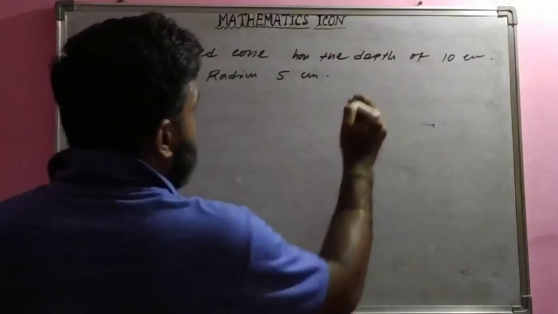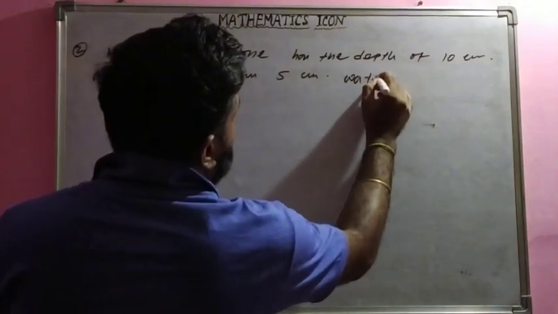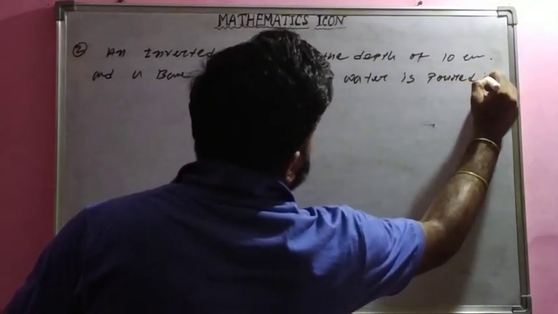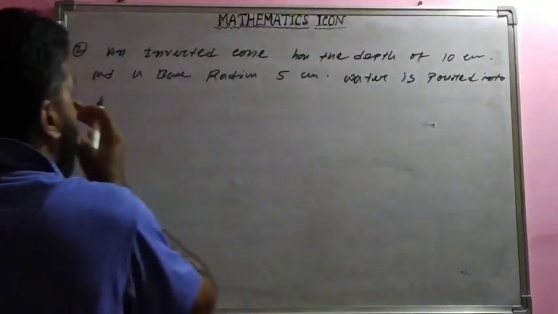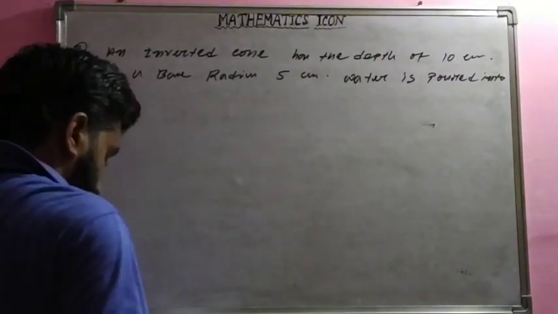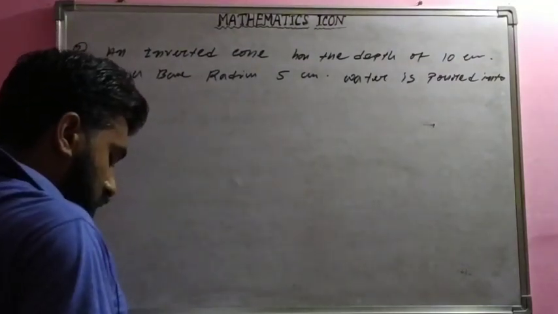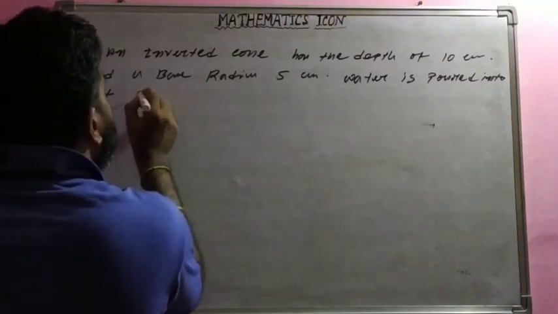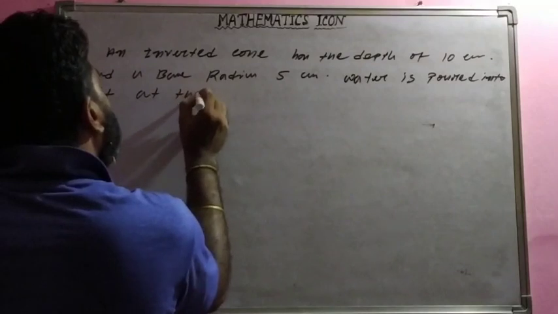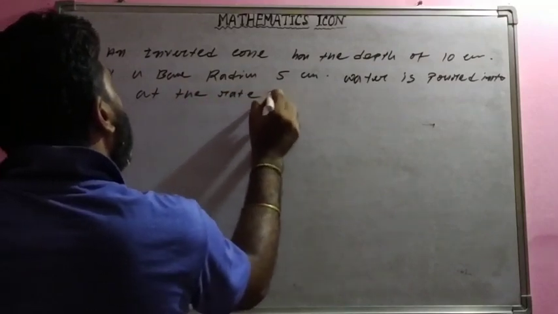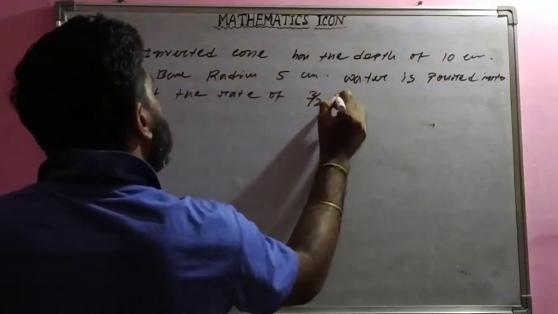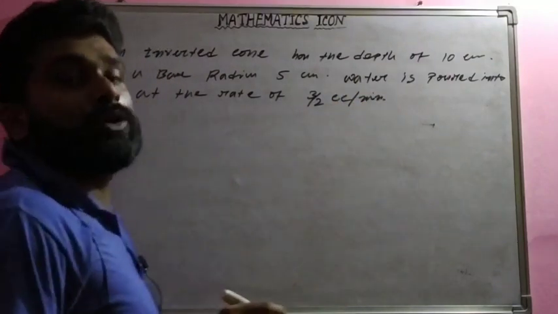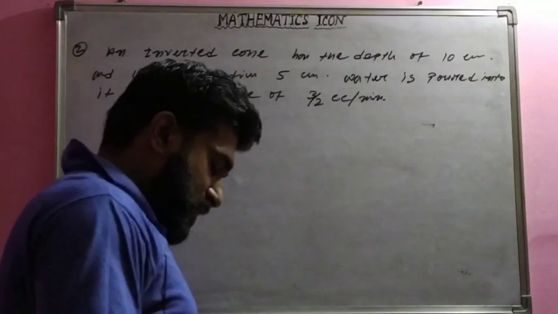Water is poured into it, meaning water is poured inside it, at the rate of 3/2 cc per minute. Cc means cubic centimeter, centimeter cube.